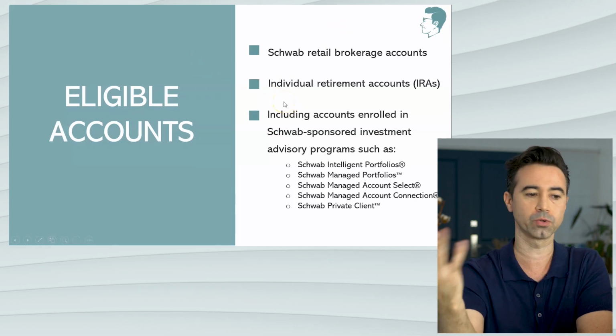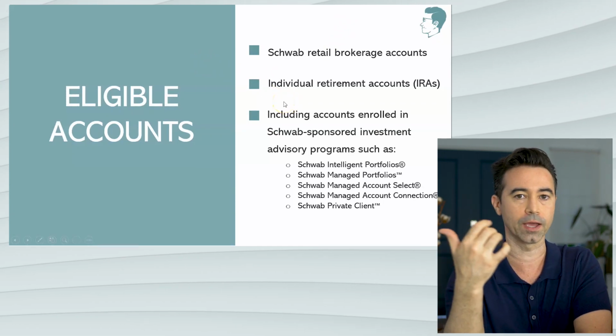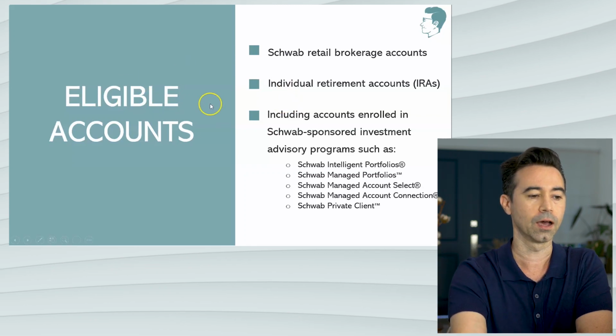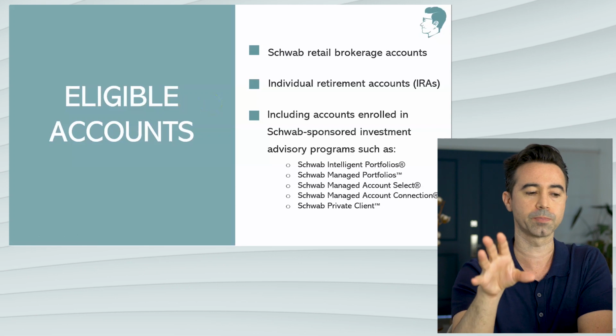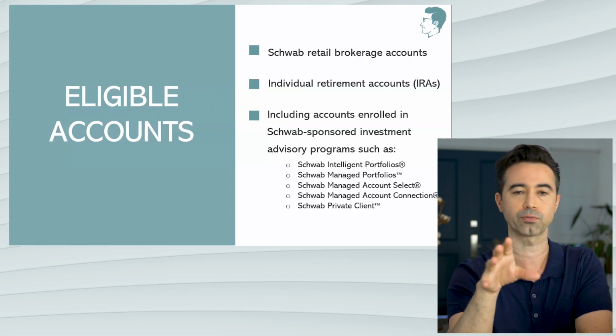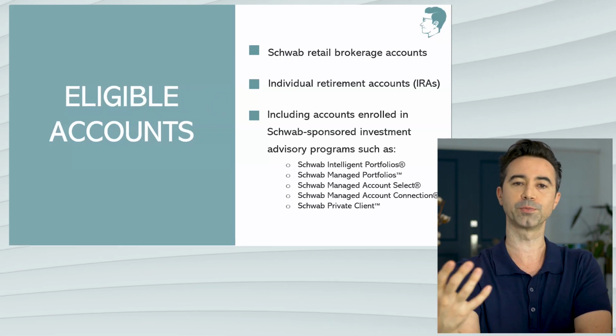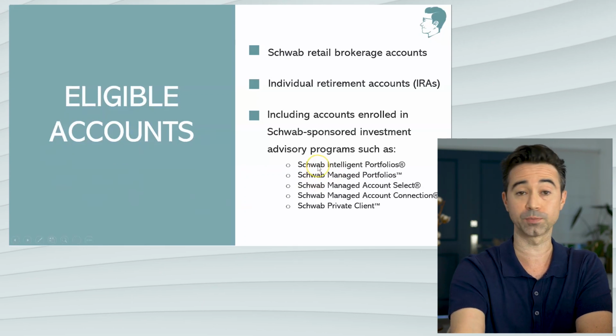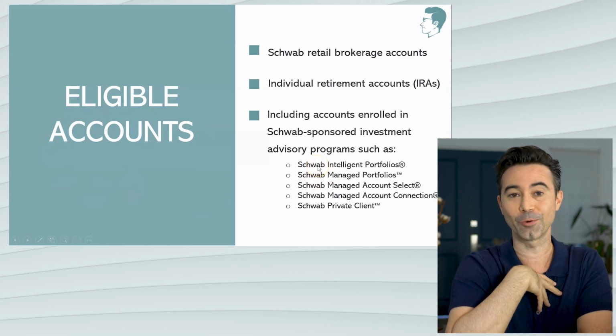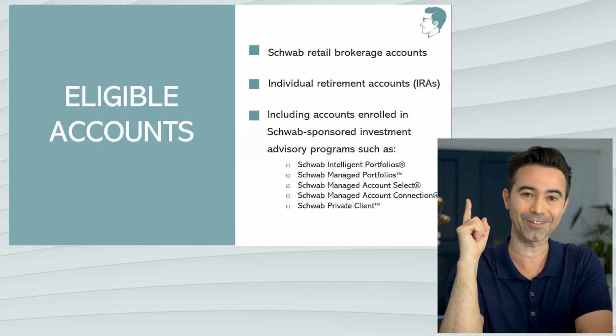Then we have an individual retirement account, so a Roth IRA or a regular IRA. And then you have the accounts that are enrolled with what's called the Schwab Sponsored Investment Advisory Program. And these are all eligible, so that's great. So, for example, Schwab Intelligent Portfolios. I made a video on Schwab Intelligent Portfolios, link it right here.